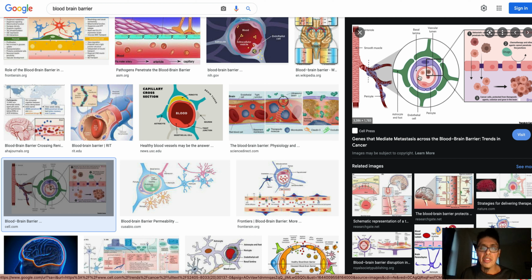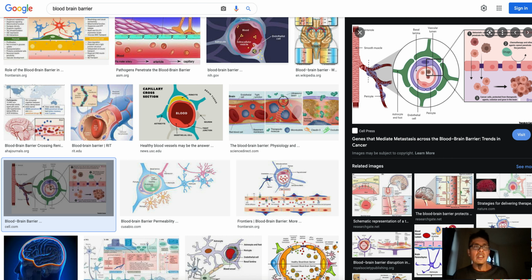This is very important: your endothelial cells are of a certain size, but after that, they have to connect to each other in a way that prevents leakage or sneaking of molecules past them. So what happens is the endothelial cells are connected to each other by something called tight junctions, right?